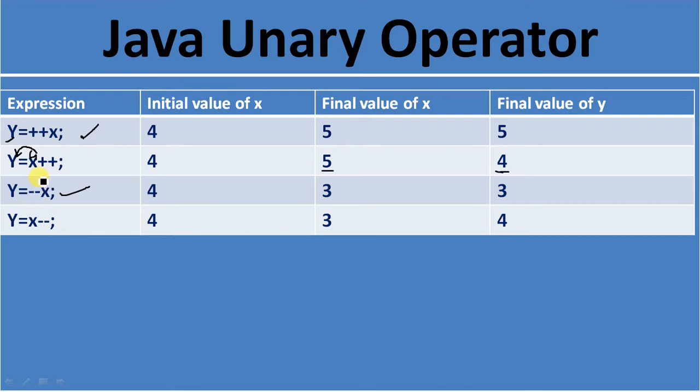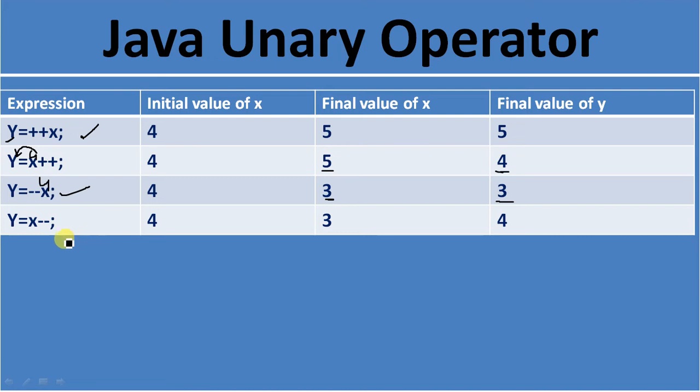Here the value of x is 4, so this operator will decrement 4 by 1. So the final value of x will be 3. Then it will assign the value of x to y, so the final value of y is also 3.